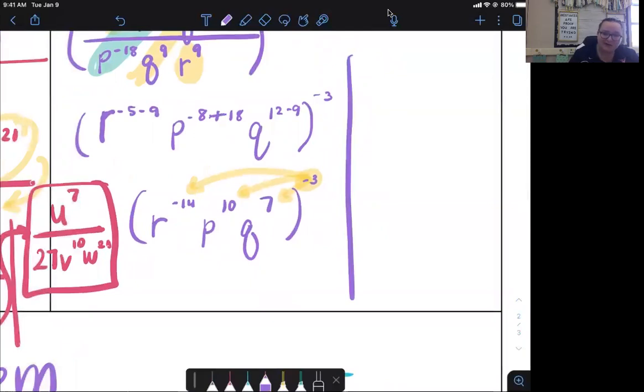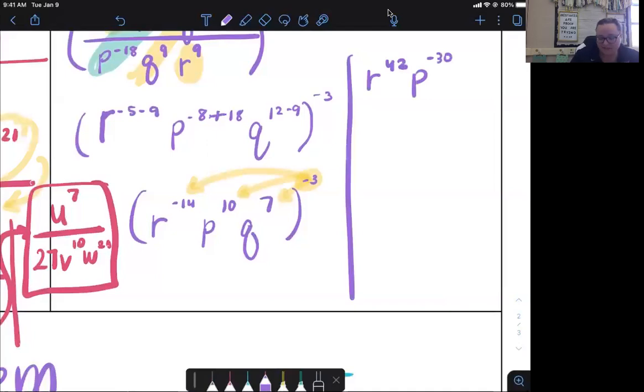So remember, when I take a power to a power, I multiply them. So I'm going to have r to the 14th times, just kidding, -14 times 3. What is 14 times 3? And because they're both negative, they're going to become positive when we multiply them. So we're going to get 42. And then we're going to have p to the 10th to the -3 is p to the -30th.